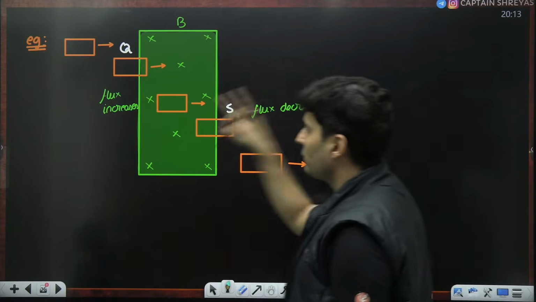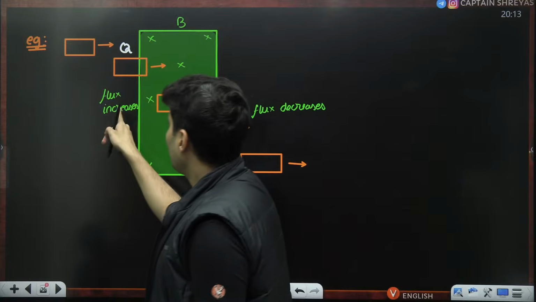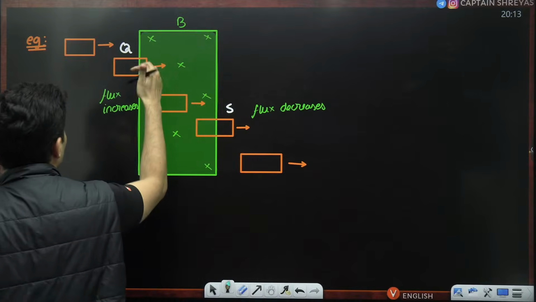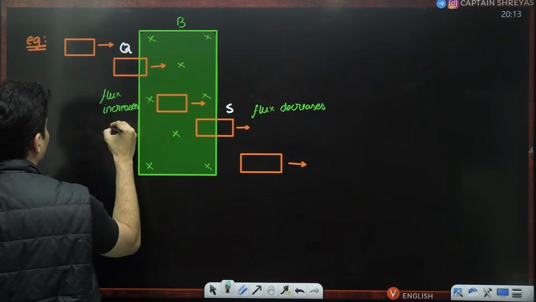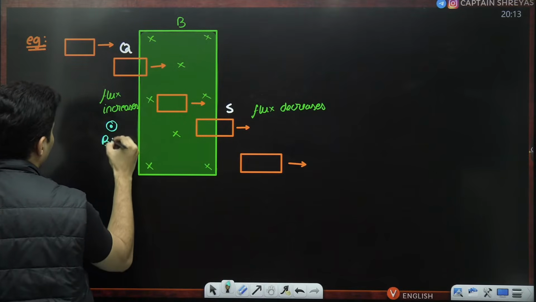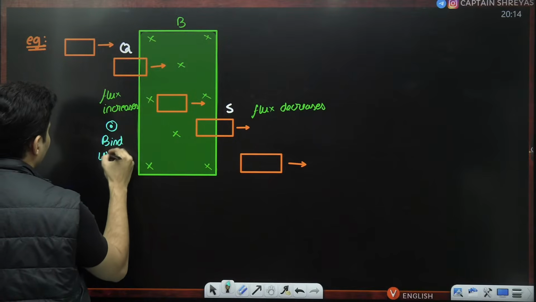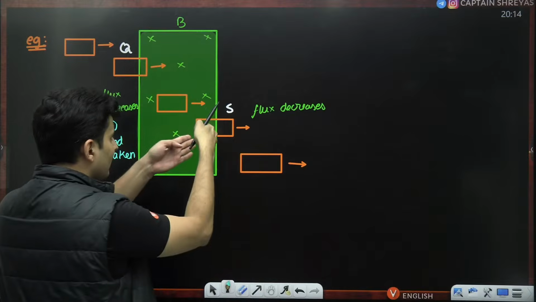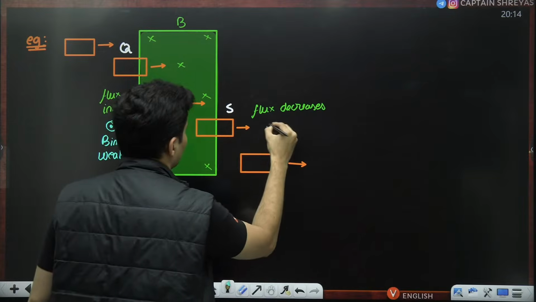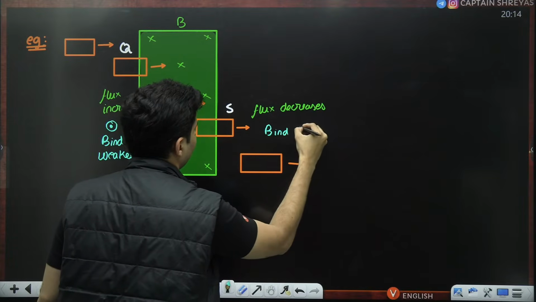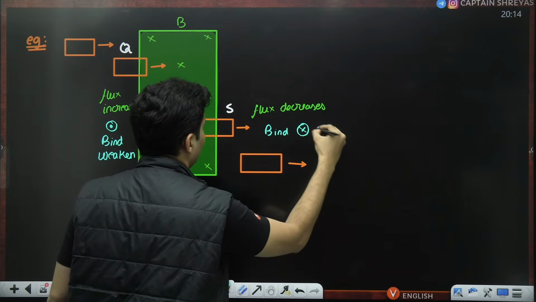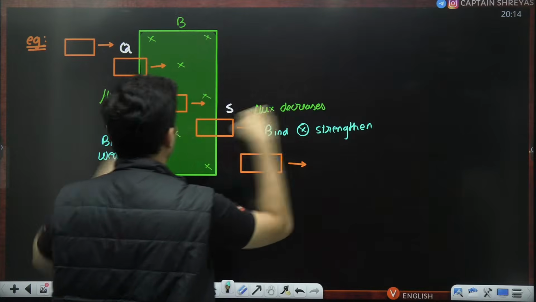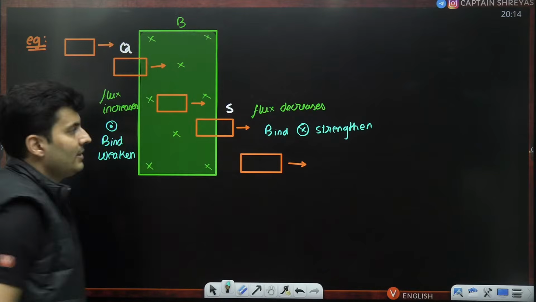So induced field will be there. If flux is increasing inside, the induced field will be towards you, to weaken it. Here the flux is decreasing, so you strengthen it, so the induced field will be basically inside, to strengthen the magnetic field which is going inside.